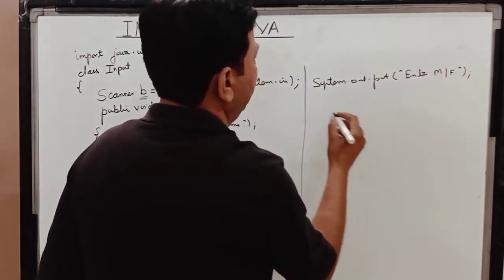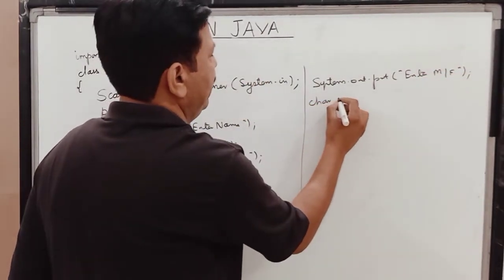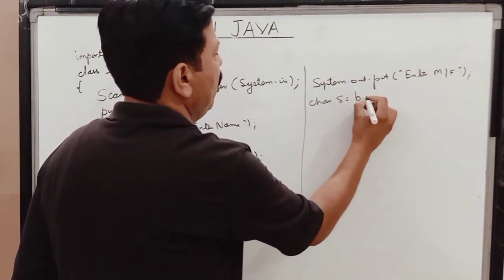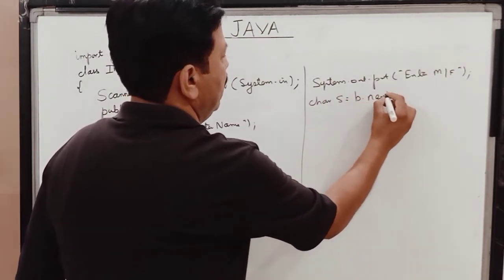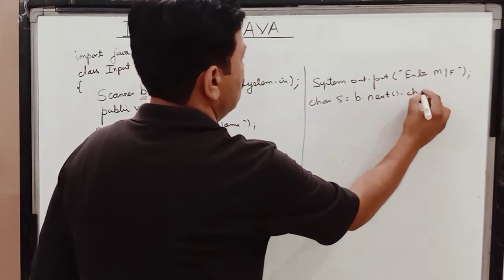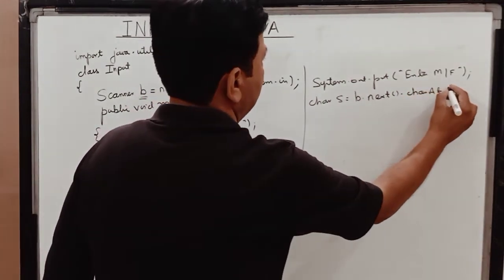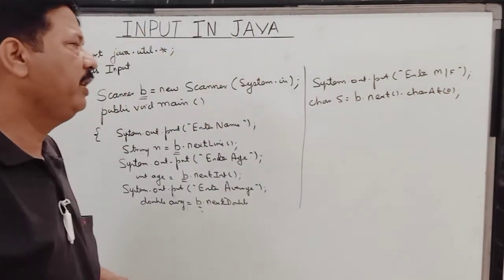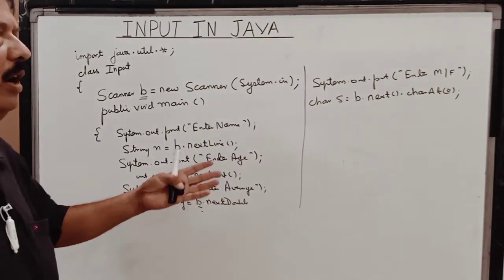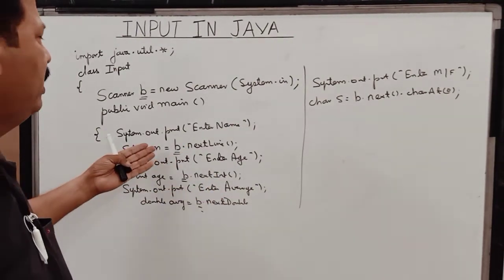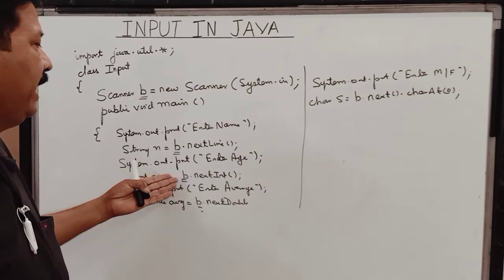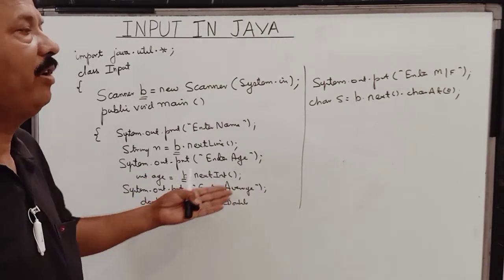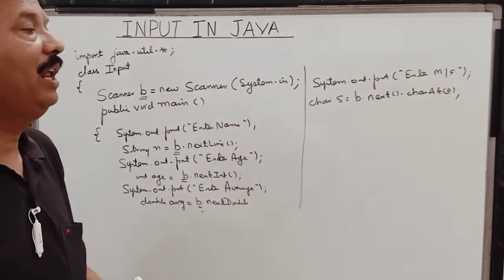Say I want to enter a character value, so I say char s is equal to B dot next dot charAt. So children, whatever rest of the task you want to do with the name, with age, with average, with this male female, you can do.